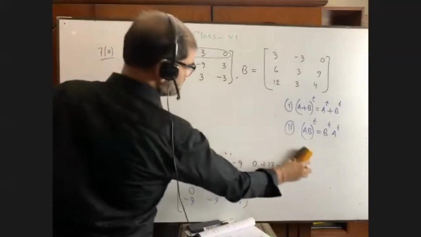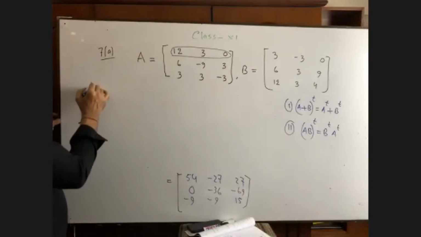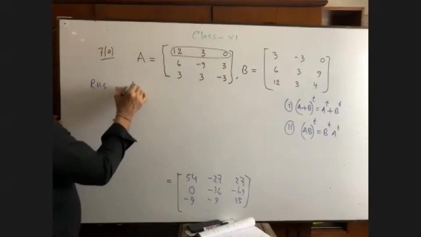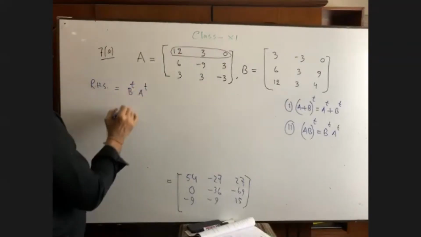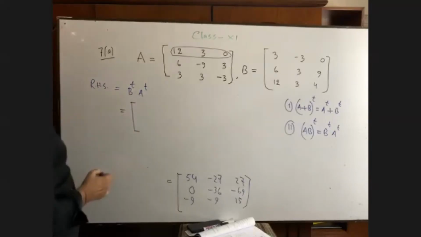Okay. Now, right hand side of question number 2 is given as BT A. What will we do? We will write BT at a time. What is BT here?